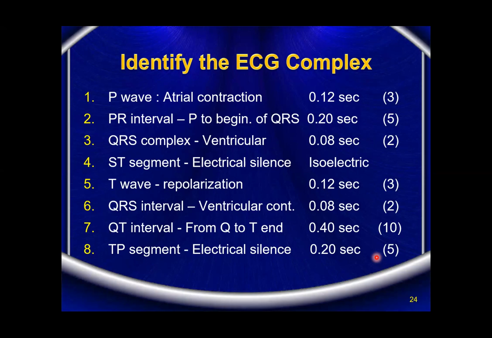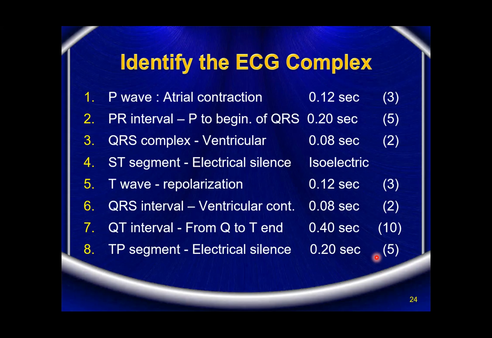The ST segment is electrical silence, isoelectric, the flat line. T waves, the repolarization wave, usually occupy 3 small squares, just like the P wave, which is 0.12 seconds. The QRS interval is the ventricular contraction from the beginning of the Q wave to the end of the S wave, and that is 0.08 or 2 small squares. If it is more than 0.12, we say QRS is prolonged.